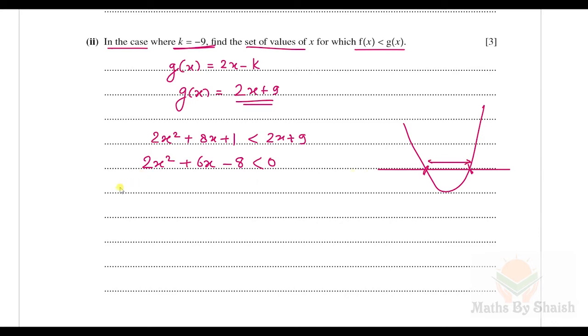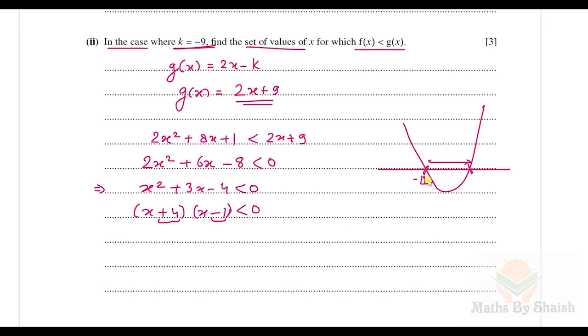We can divide the whole inequality by 2, and we'll get x squared plus 3x minus 4 less than 0, or we can say this as (x plus 4)(x minus 1) less than 0. So from here we can understand the roots are minus 4 and plus 1.